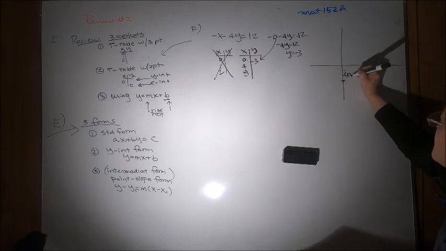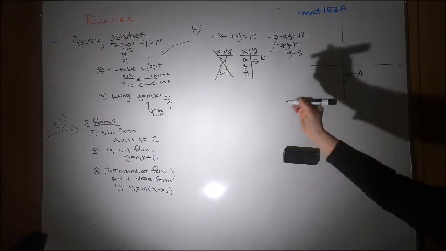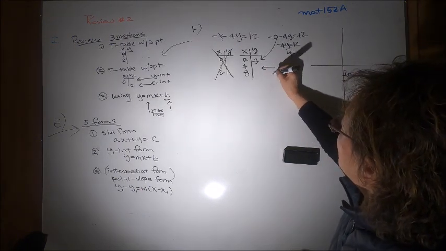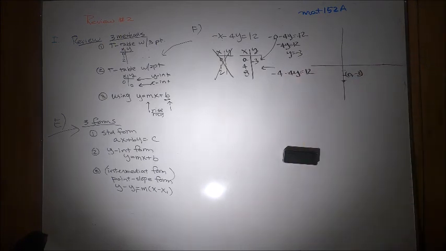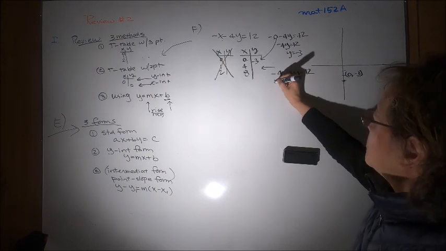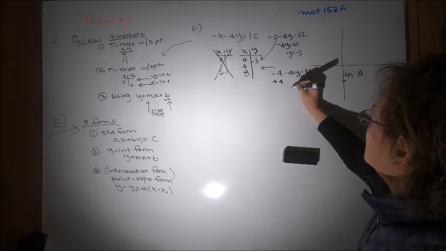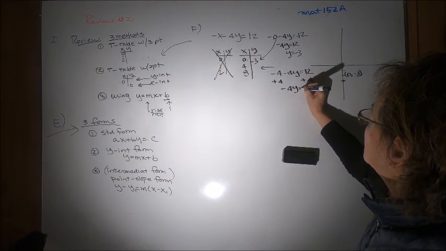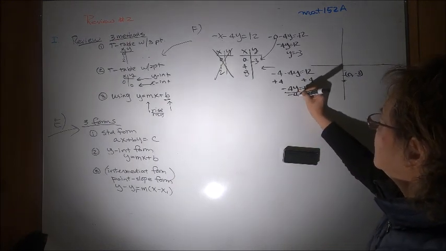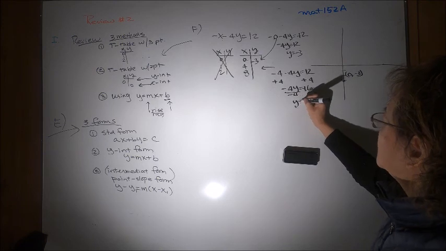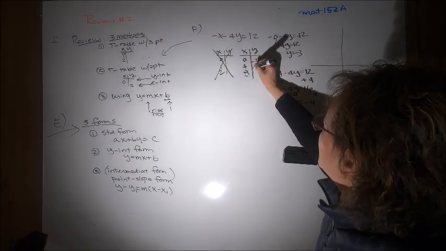If x is 4, that would be what? -4 minus 4y equals 12, right? Then you add 4, so we have -4y equals what? 16. Then you divide it by -4. Y is what? -4. Is that right?